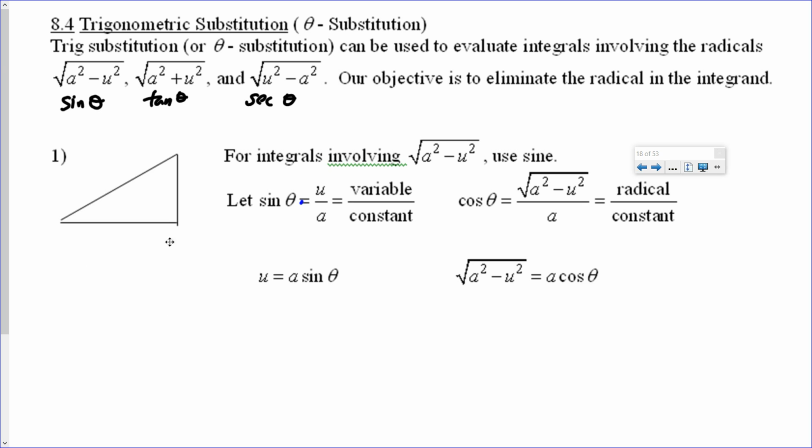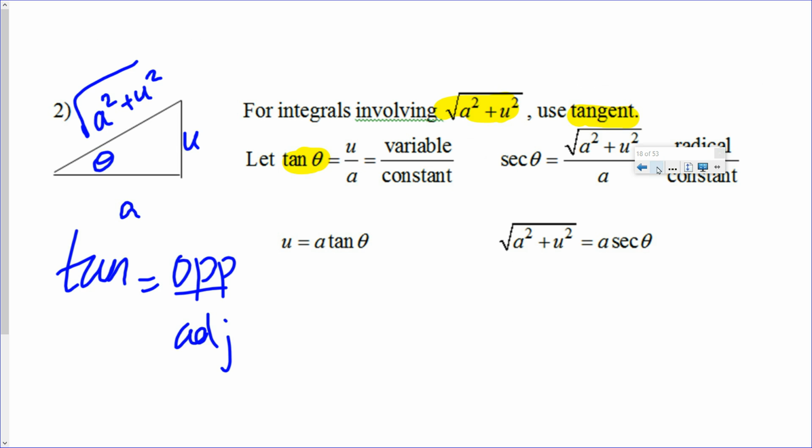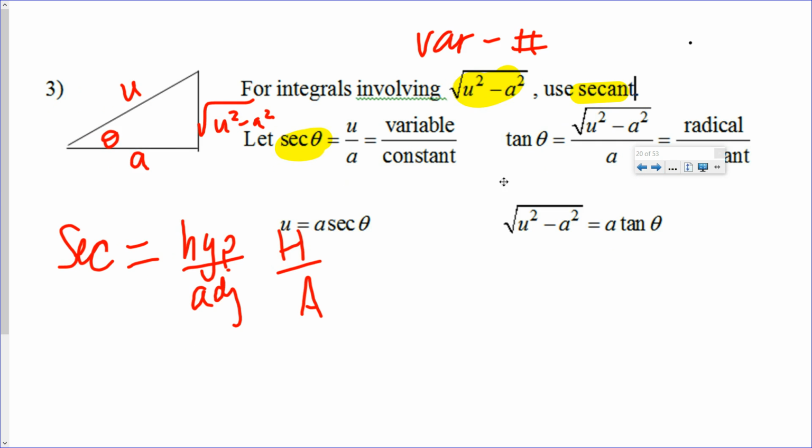If you look at your notes, you'll see this. If you have a sine problem, you're also going to make it a cosine problem. If you identify a tan problem, you're also going to do a secant problem. And if you identify a secant problem, you're also going to make it a tan problem.